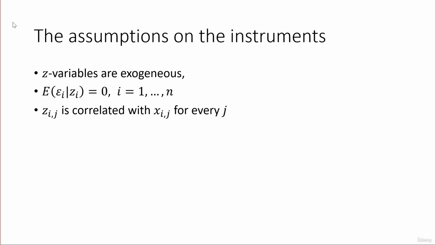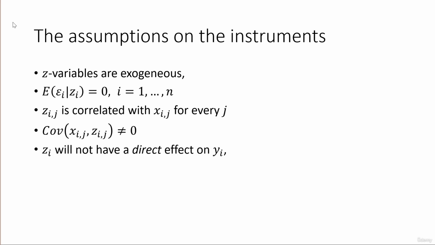That is, the covariance between the z variable and the corresponding x variable cannot be 0. And the z variable cannot have a direct effect on yi. The exception, obviously, is when an x variable is exogenous and it functions as an instrument for itself.